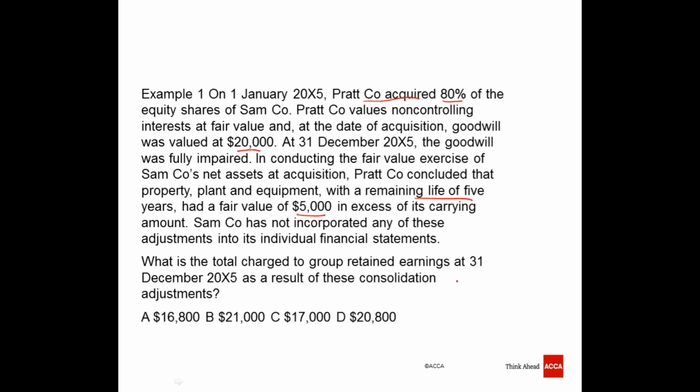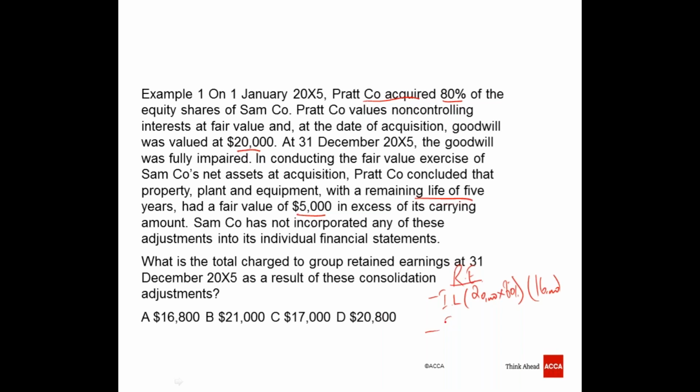In the retained earnings, the examiner didn't give us the retained earnings of the parent company and the post-acquisition profits of the subsidiary company. So we only have the impairment loss, which is the total amount of the goodwill, and our share will be 80%. So it will be 16,000.